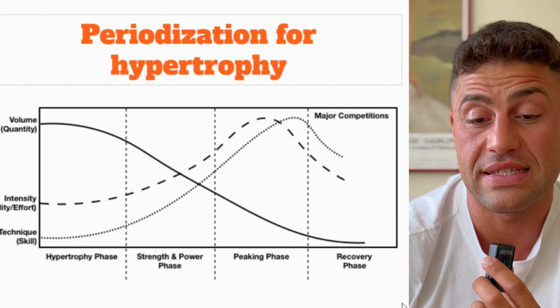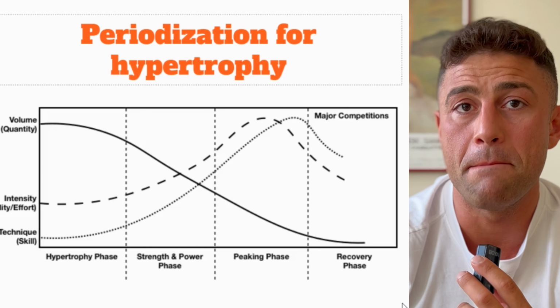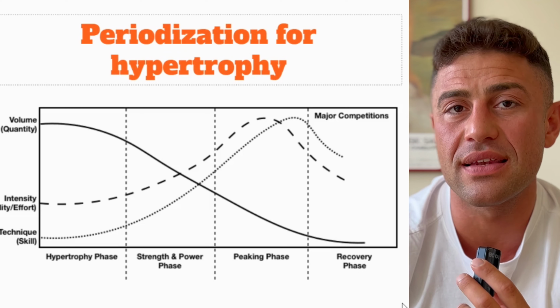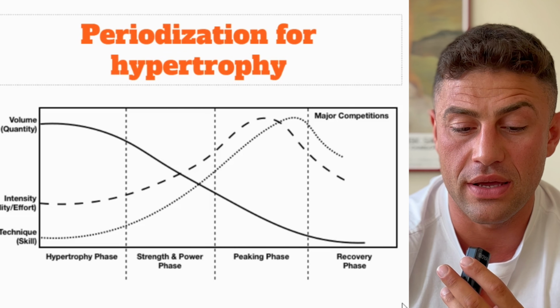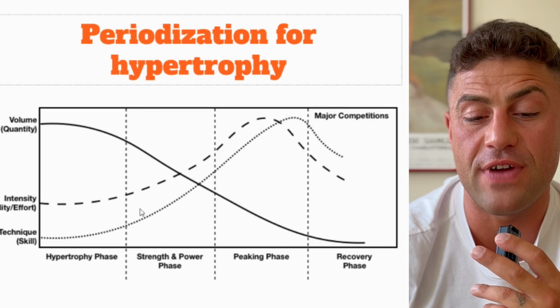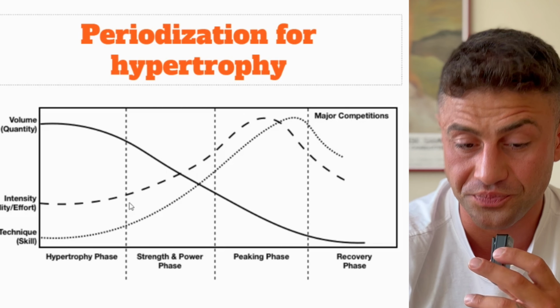One thing we have to understand is that periodization is something that has been made for athletes, for soccer athletes, rugby athletes, basketball players, and they have these different phases where they focus on different qualities of training.